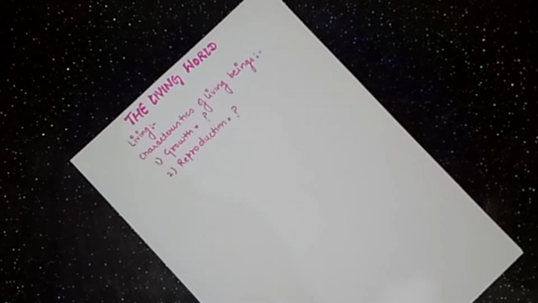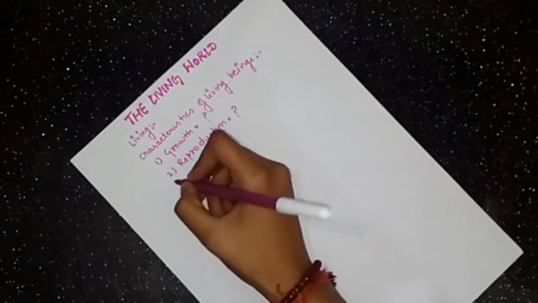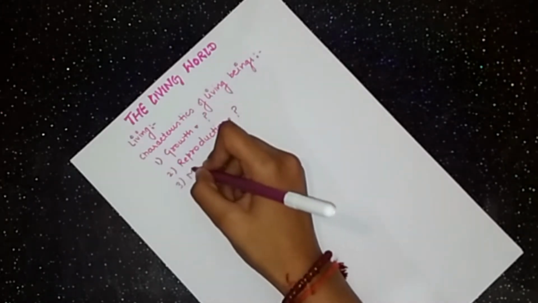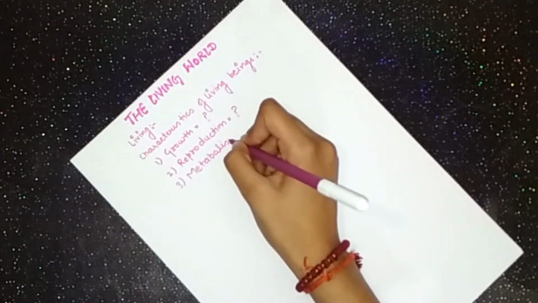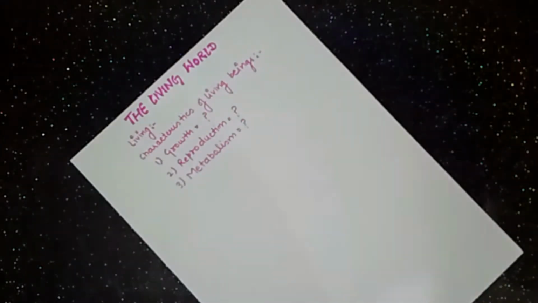After reproduction, I am discussing metabolism. What is meant by metabolism? The sum total of all chemical reactions taking place in the body of an organism is known as metabolism. There are two types of metabolism, anabolic and catabolic.